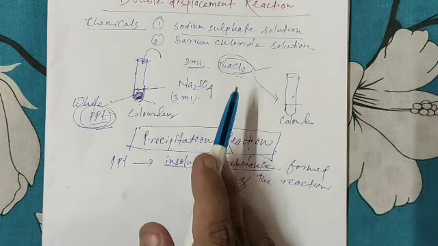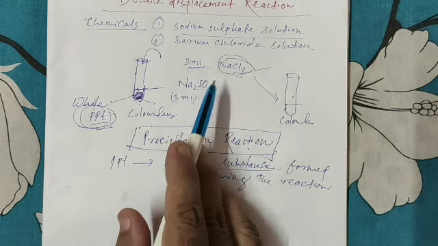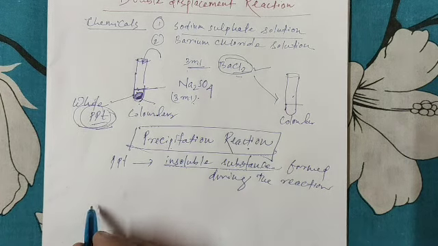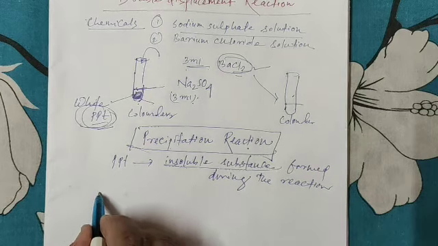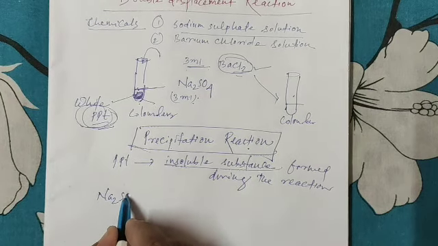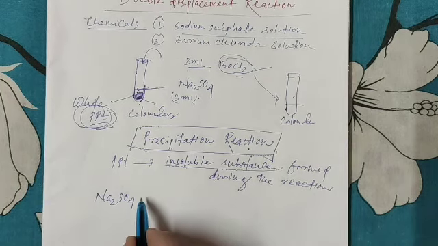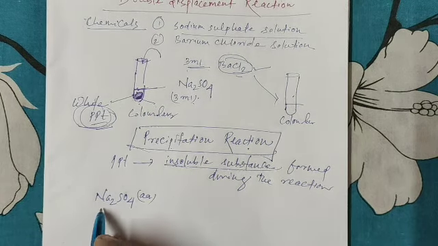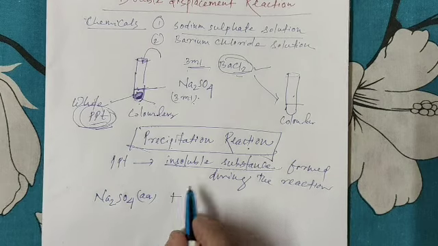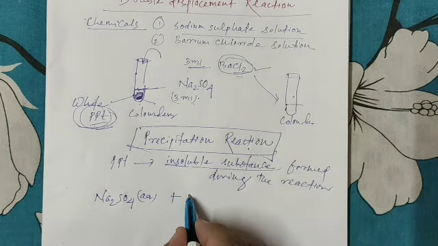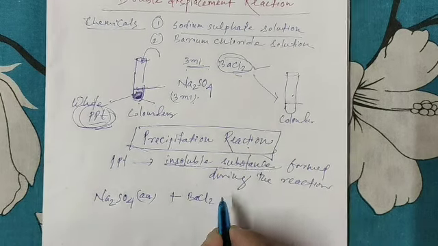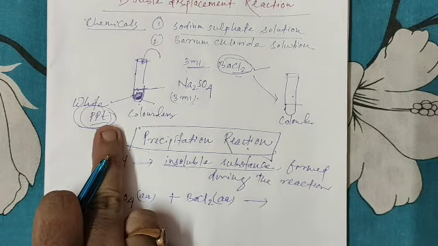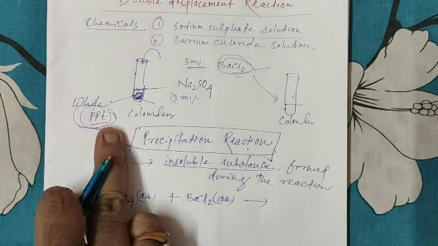If you write the chemical equation, you can write sodium sulfate, which was soluble, so you write aqueous. Plus barium chloride, BaCl2 aqueous.